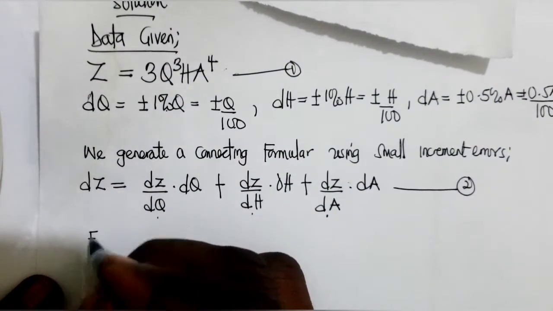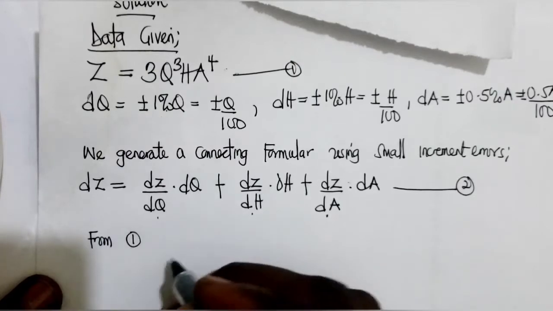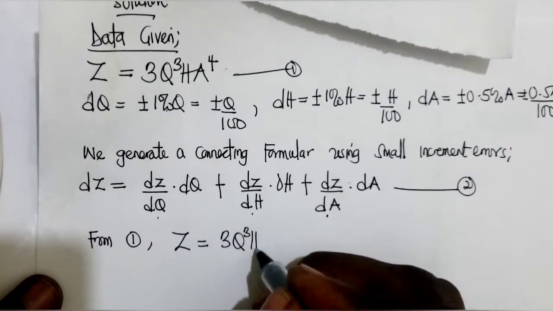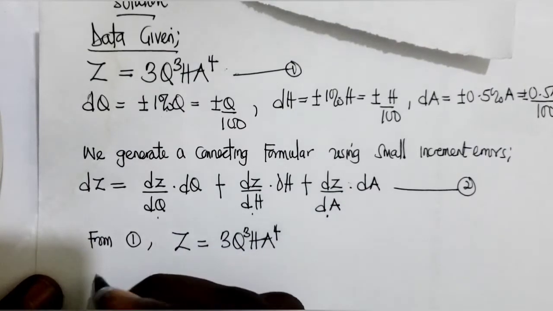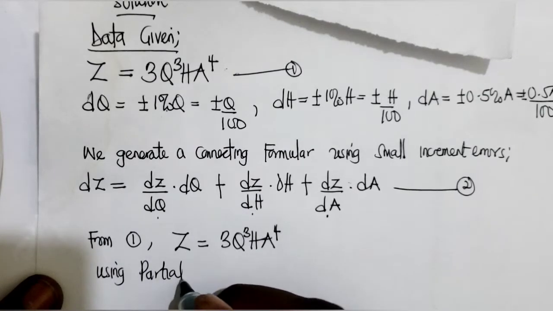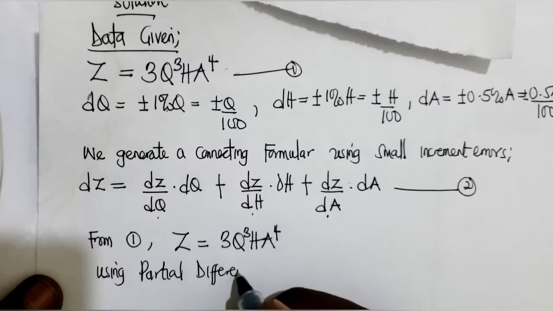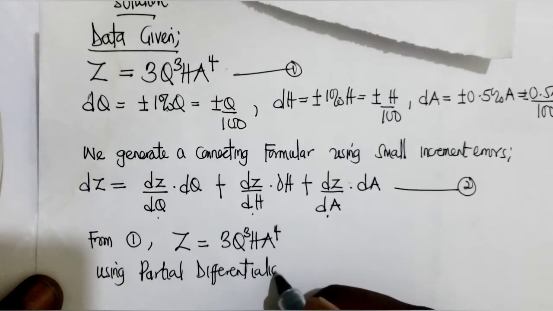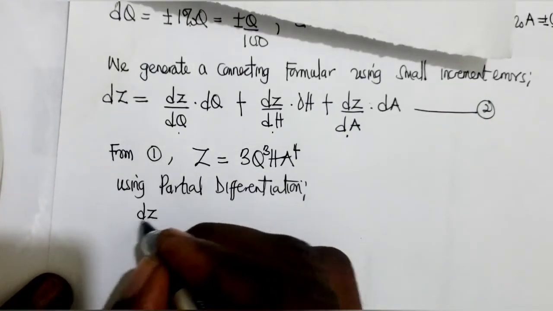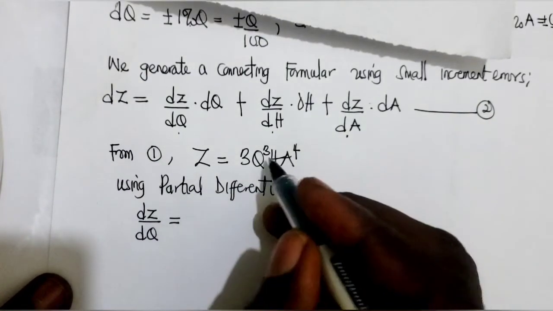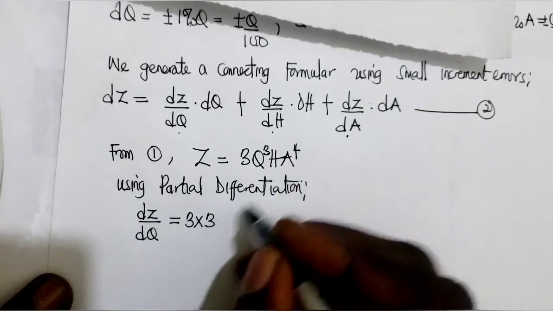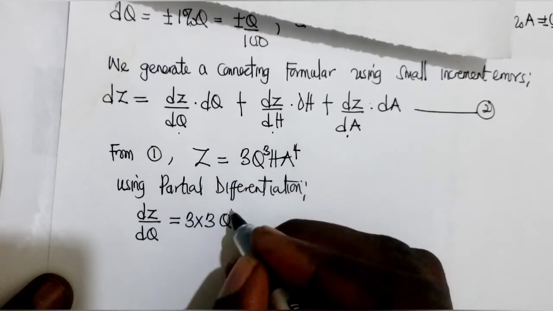So from equation 1, which is Z equals 3Q raised to power 3 HA raised to power 4, using partial differentiation, if I differentiate Z with respect to Q, this 3 will multiply the power 3, so 3 times 3, and you subtract 1 from the power, you have 2.